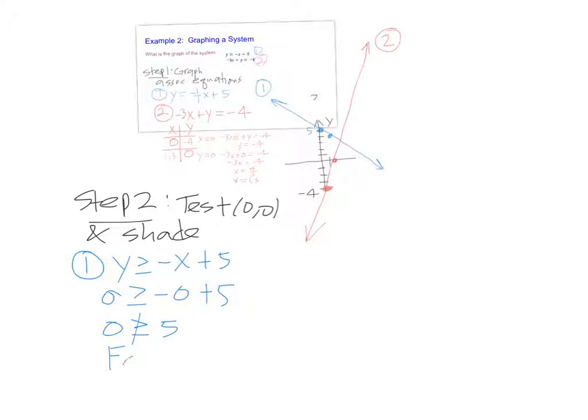That is false. So we'll indicate the point that we just tested for the first inequality as false, and therefore the other side, the upper and right-hand side, will be true. And we'll shade that accordingly. So there's our shading for inequality number 1 in blue.